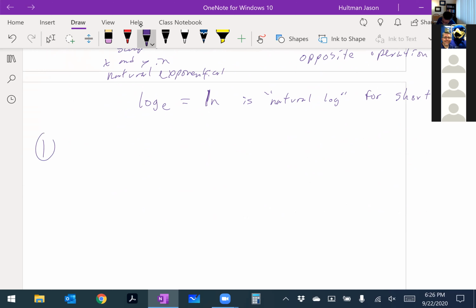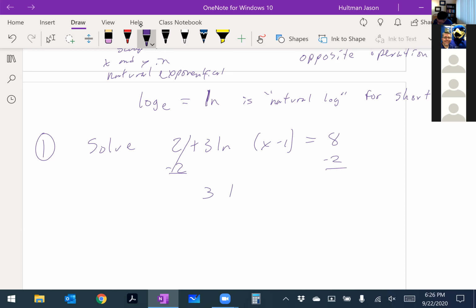Okay, let's take an example here. Let's solve an equation using natural log. So let's solve 2 plus 3 natural log of x minus 1 is equal to 8. How can I solve for x? Well, the first thing I'm going to do is subtract off the 2.